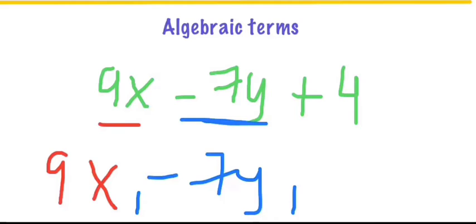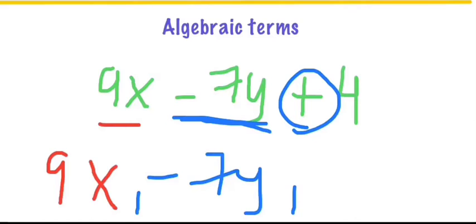Now let me tell you why it is minus 7y. You know what is a negative number and what is a positive number. A positive number always has a plus sign, right? But we don't speak it, so we never say plus 4. But if we talk about negative numbers, we say minus 7 or minus 8.